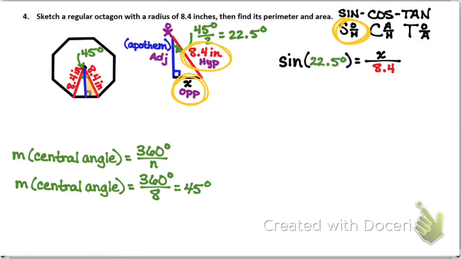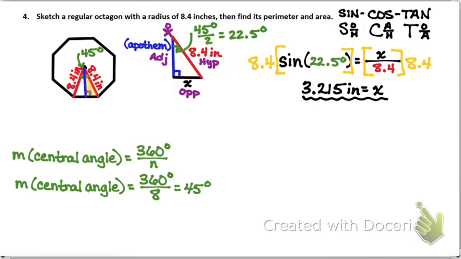So I've now set up that sine function. We have sine of the angle where we're standing, 22.5, is equal to the opposite side x divided by the hypotenuse, which is 8.4. Now, to find x, we're going to multiply both sides by the denominator. So multiply both sides by 8.4. And then we're going to take the sine of 22.5 and multiply it by 8.4 in our calculators.